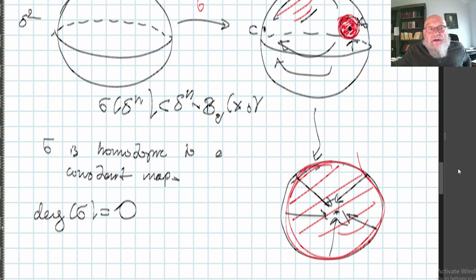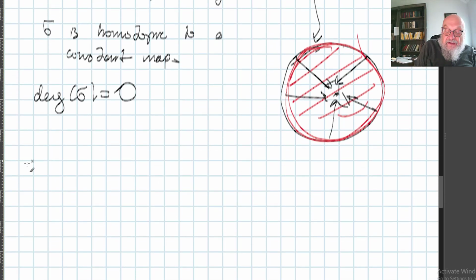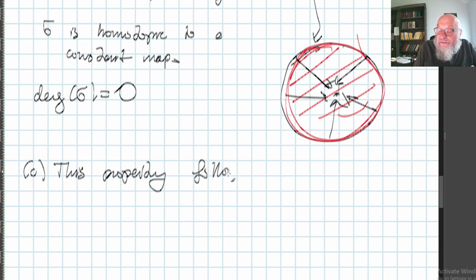So now, let me prove the property C. The C is a direct consequence of the Borsuk theorem. This property follows from the Borsuk theorem.